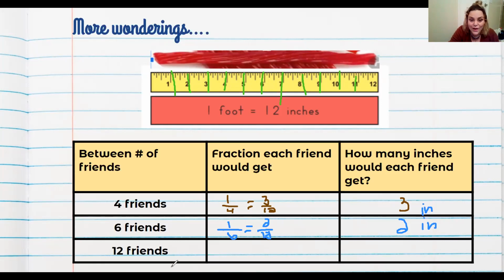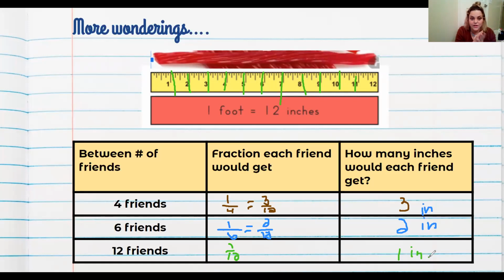Okay, so 12 friends, right? I see that they each would get 1/12 of the licorice stick. And so how many inches? They each got 1 inch.